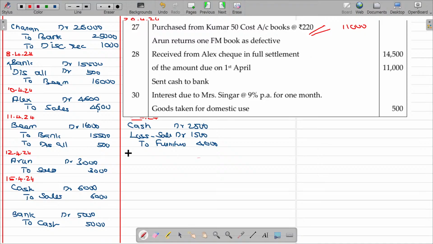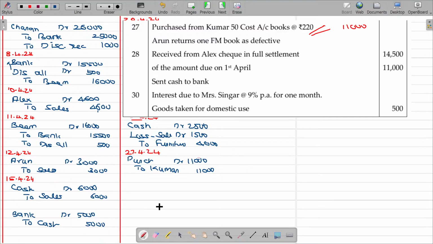On which date? 27th April 24. Purchased from Kumar. As nothing is stated, we assume it may be credit purchases. So, purchases account debit. The value being 11,000, and that to credit purchases. So, I have to write the name of the party, Kumar account. The value being 11,000.